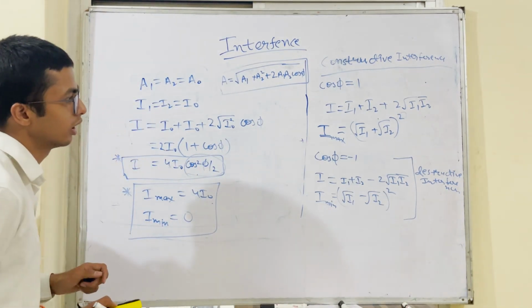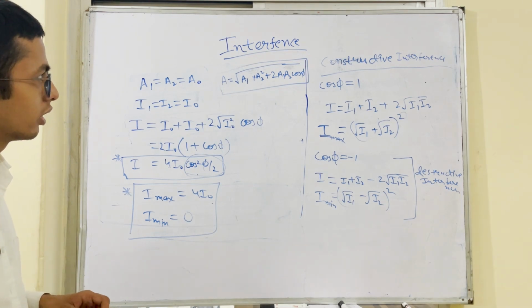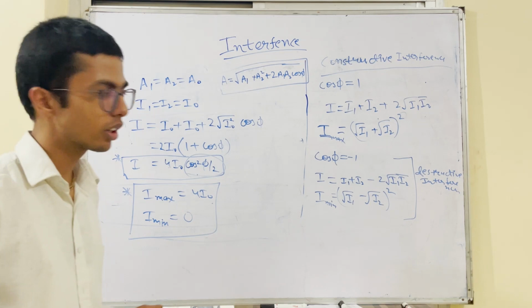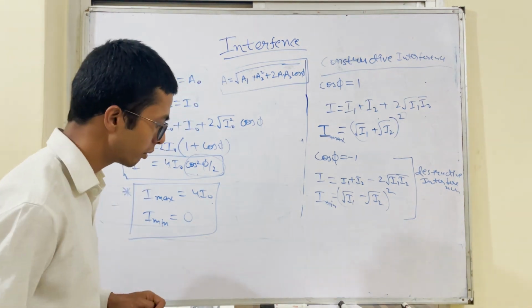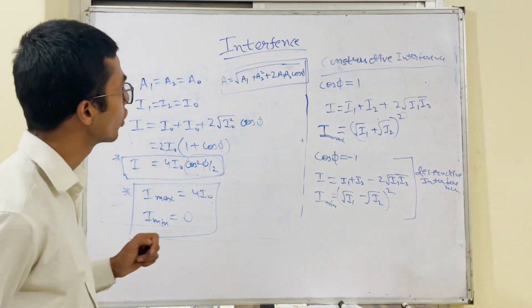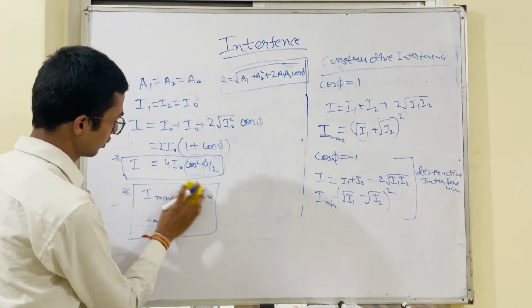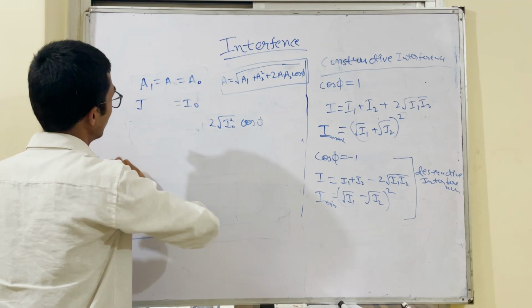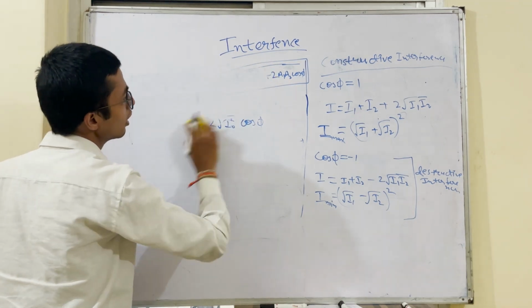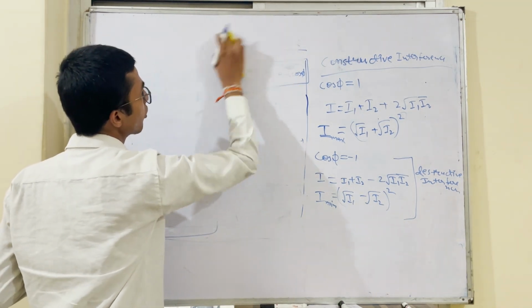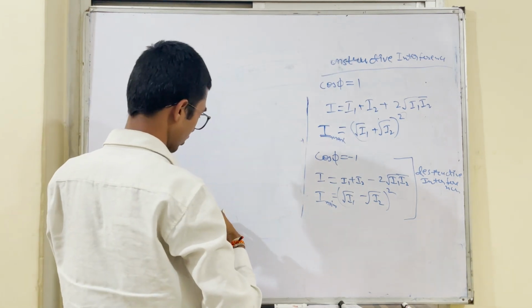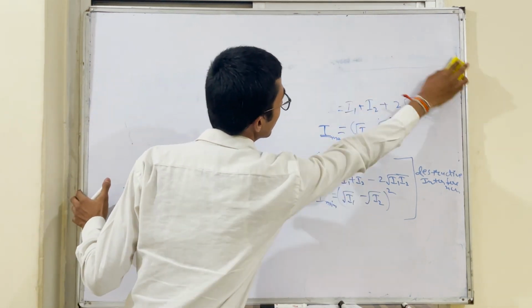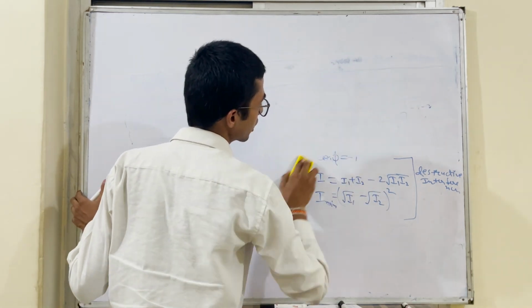So I think this is perfect for interference. Now we can move to our main topic for today, which is YDSE, Young's double slit experiment.